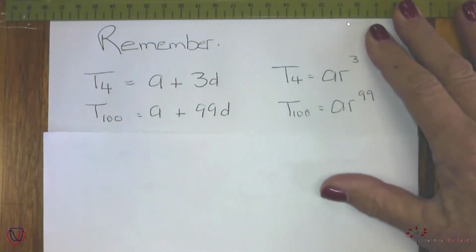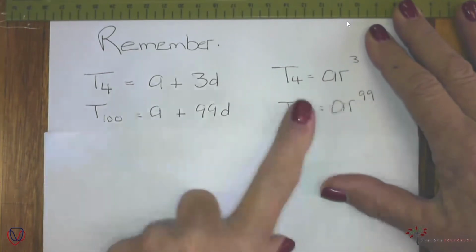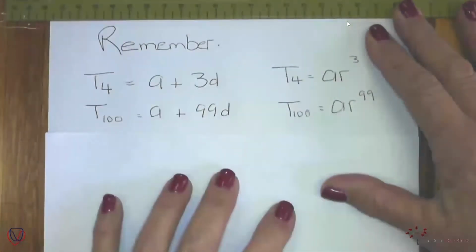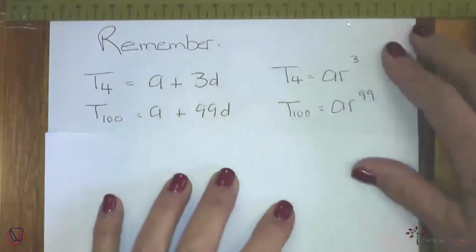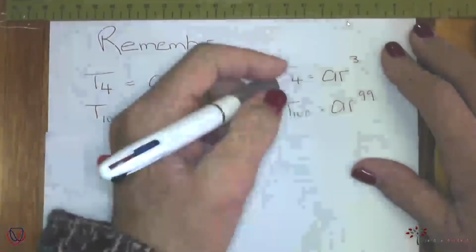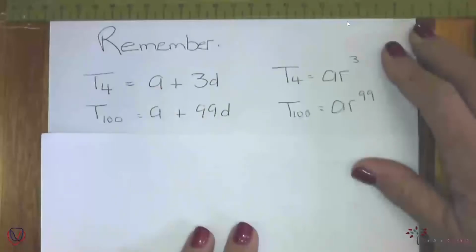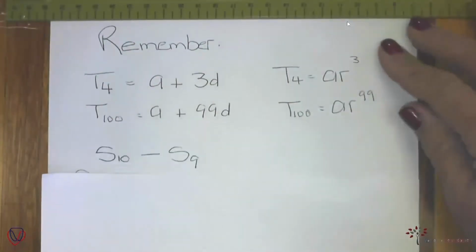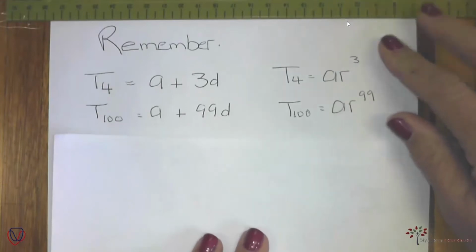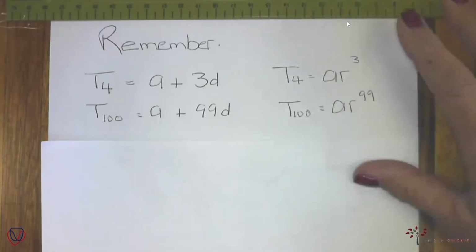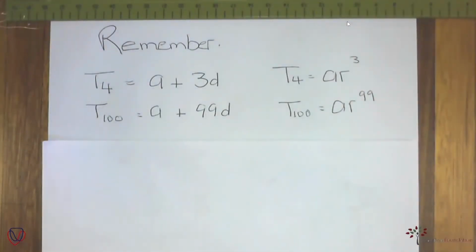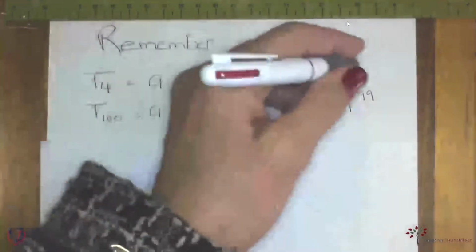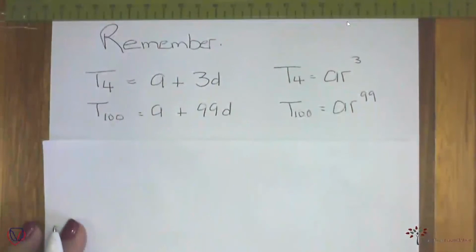If they say this is a geometric sequence, T100 minus T4, you're going to no. Then if it's geometric, you will put T100 over T4, and that is going to give you AR 96. Can you see that? So please, if they give you two terms that are quite far from one another, you must use this knowledge. Don't forget it, okay?